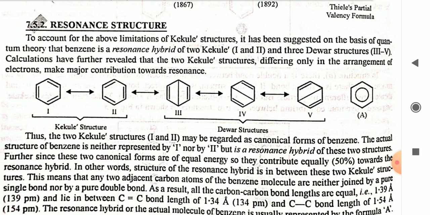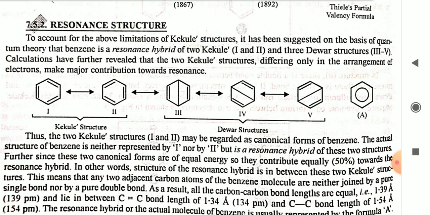The actual structure of benzene is neither represented by one nor by the other, but is a resonance hybrid of these two structures. Further, since these two canonical forms are of equal energy, they contribute equally, 50%, toward the resonance hybrid. In other words, the structure of the resonance hybrid is in between these two Kekulé structures.